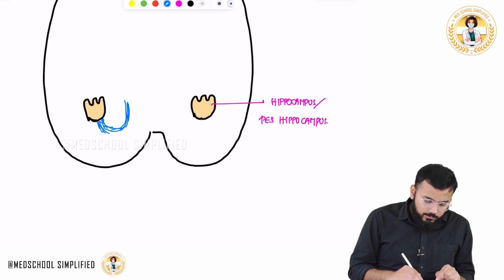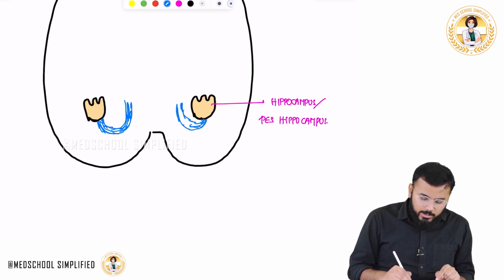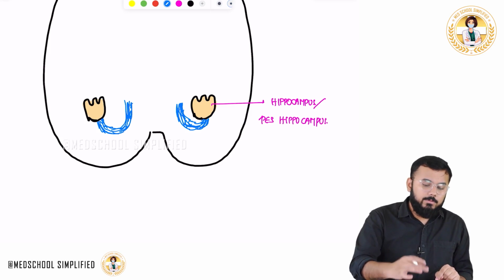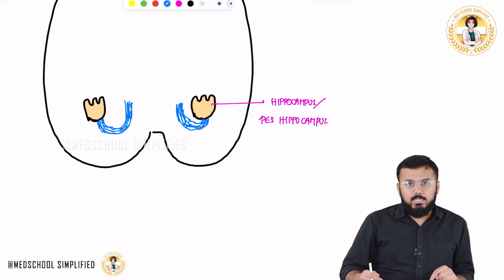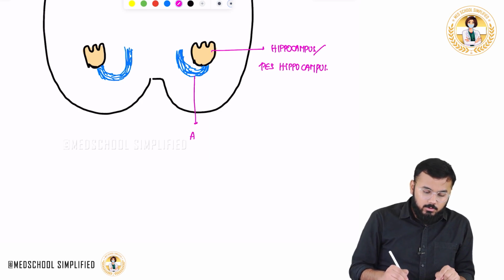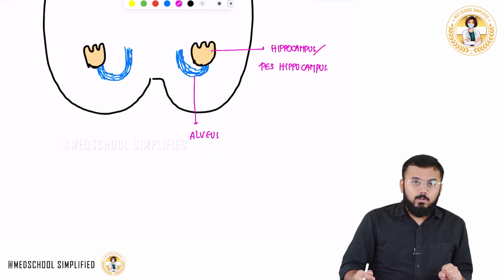These bundles of nerve fibers, running all the way down like this, are called the alveus.